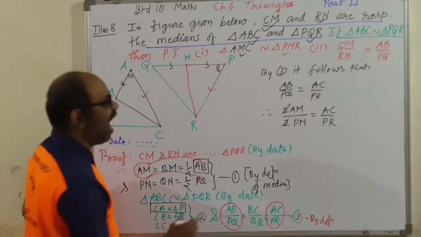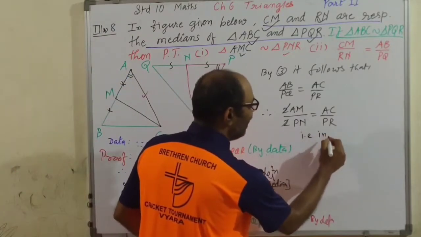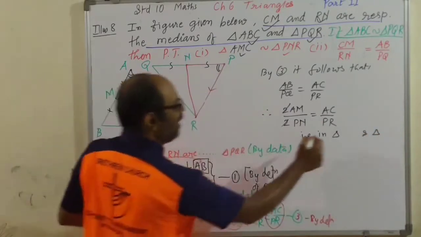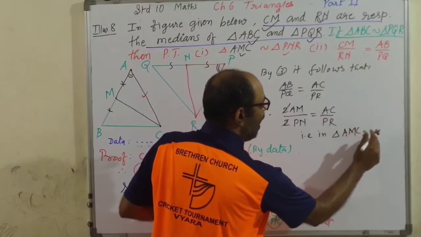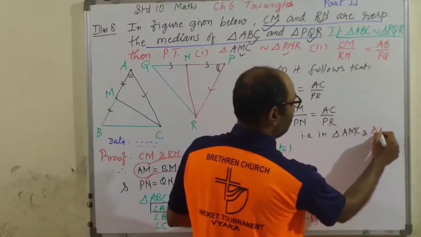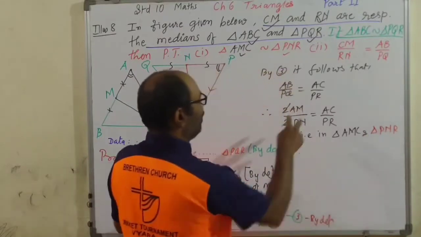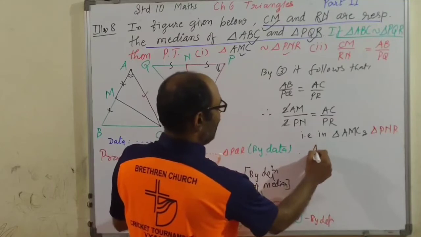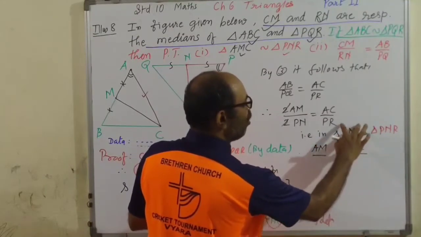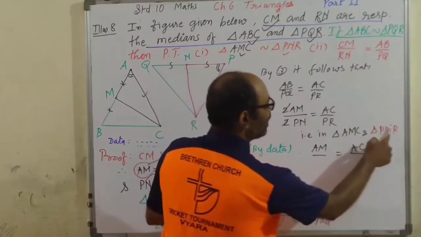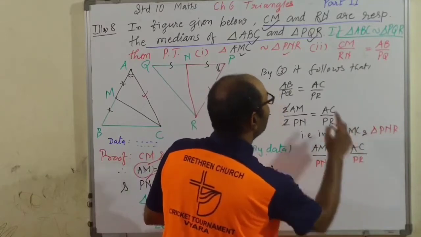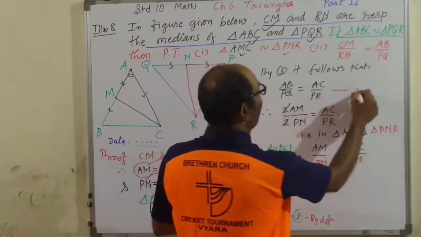That is, in triangle AMC, the black one, and triangle PNR, the red one, the first thing you got is this: AM and AC, two sides above, and PN and PR, sides below. You may call this 4.